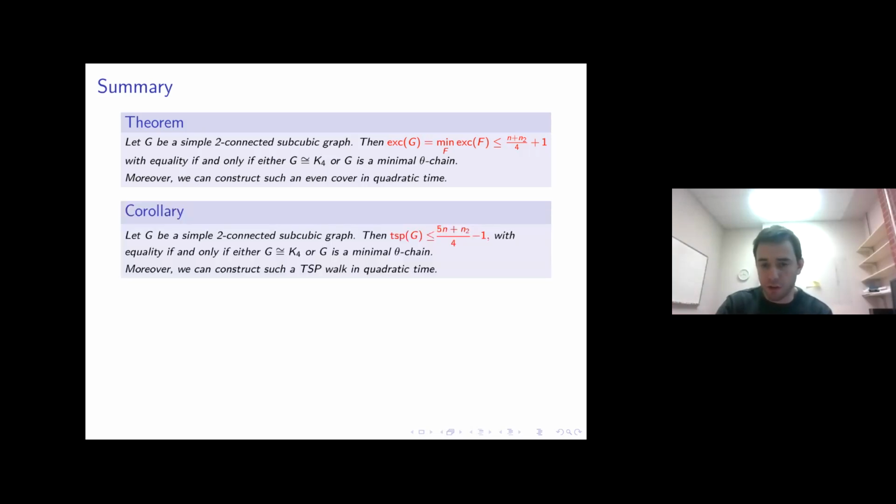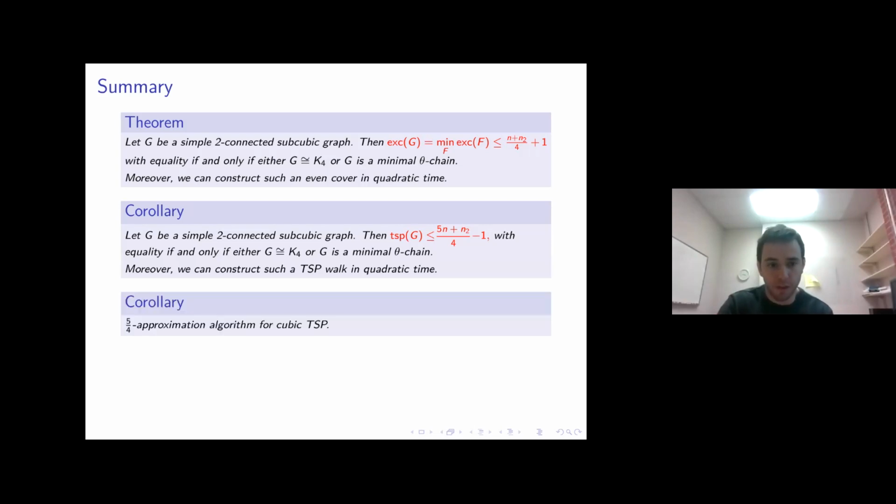And recall that there's a correspondence between excess and the minimal length of a traveling salesman walk by some linear shift in terms of n. And so this corollary is actually what we care about. And so everything passes through. And as a corollary of the corollary, we get a 5/4 approximation algorithm for cubic TSP.